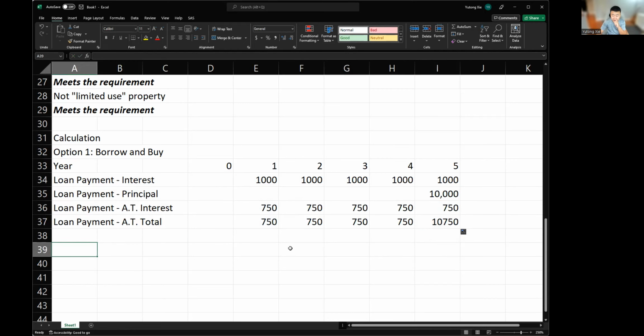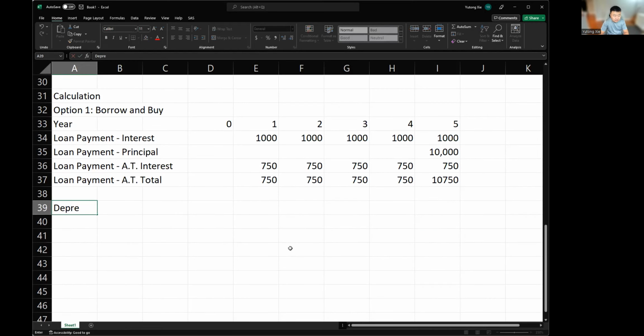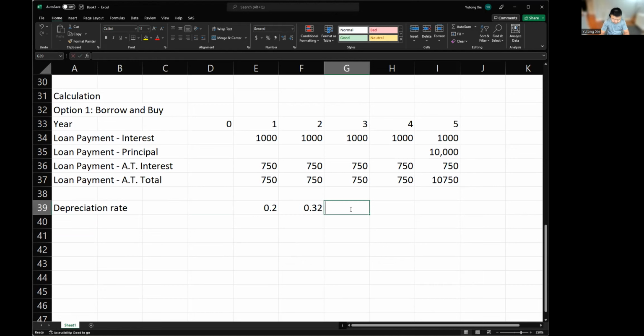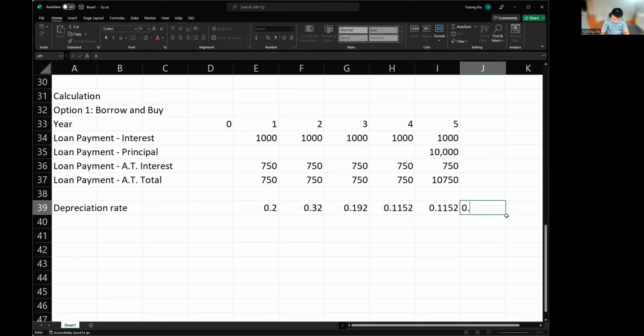And then I need the depreciation, right? Depreciation rate. So again, the depreciation rate will be given in any scenario. You don't need to figure it out. It's like a set of rules that you cannot really figure out. 0.192, 0.1152, 0.1152, sorry, and then 0.0576.